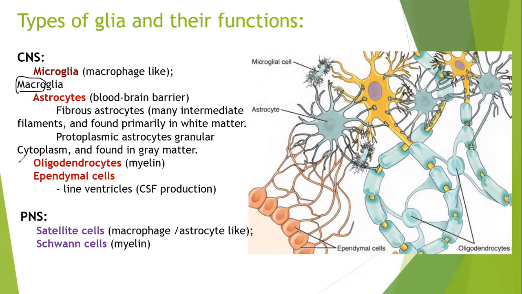Among them, we have already discussed the oligodendrocytes. So which are the other two macroglia? These will be the astrocytes and the ependymal cells. I will discuss the astrocytes first.